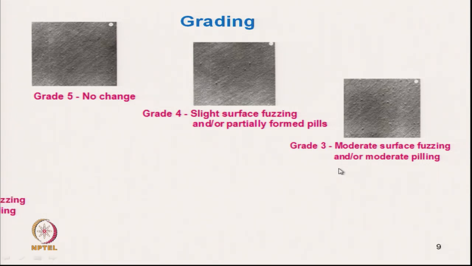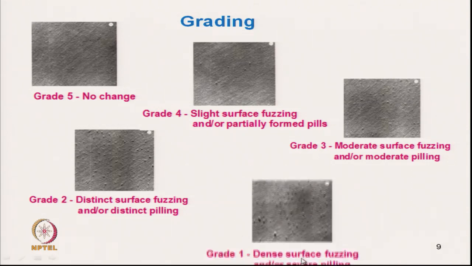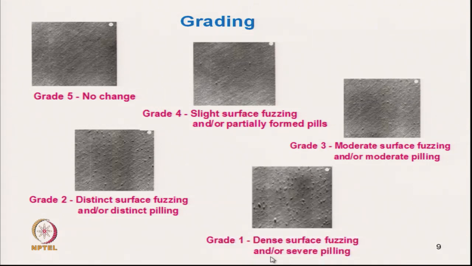Grade 3 is moderate surface peeling. Grade 2 is where there will be distinct peel formation, and grade 1 is rejectable, where severe peeling is there. So, in this way it is a standard; we can compare with the standard photograph and grade the fabric after a certain cycle of rubbing.